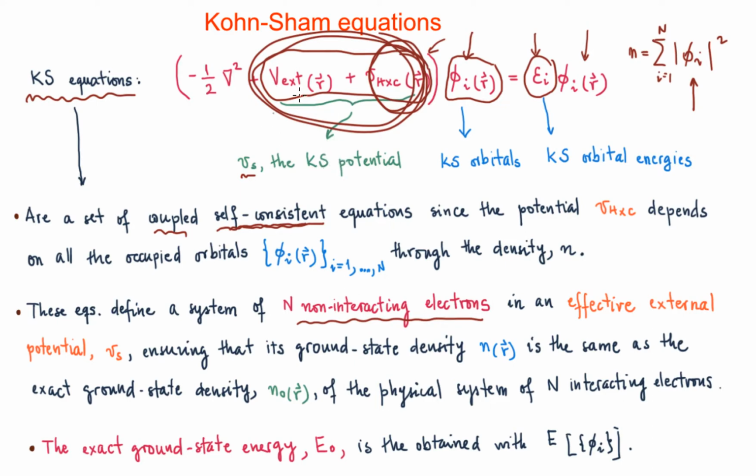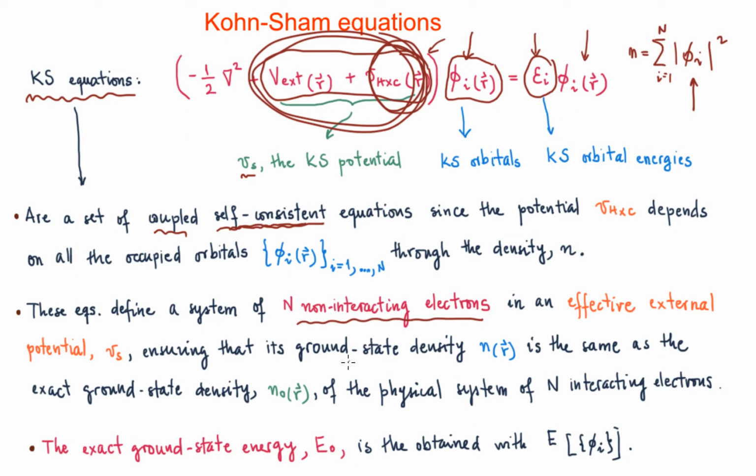Everything is built so that the ground state density that we can build once we have these Kohn-Sham orbitals is the same, of course, as the exact ground state density corresponding to the physical system, the real system of n interacting electrons.